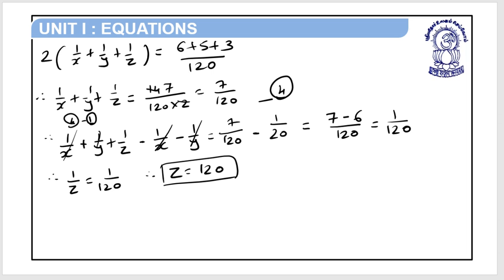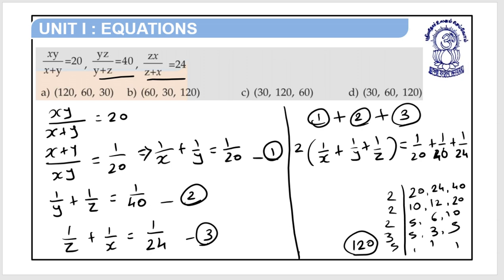Now here equation 4 minus 2. So 1 upon x plus 1 upon y plus 1 upon z minus equation 2, 1 upon y plus 1 upon z is equal to 1 upon 40.